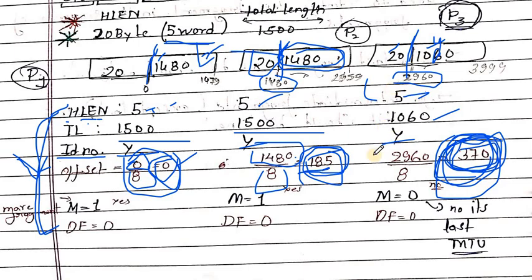Again here we set the MF value to 1, meaning more fragments are available. Now here the MF value is 0, which means no next fragment is available. This is the last fragment.